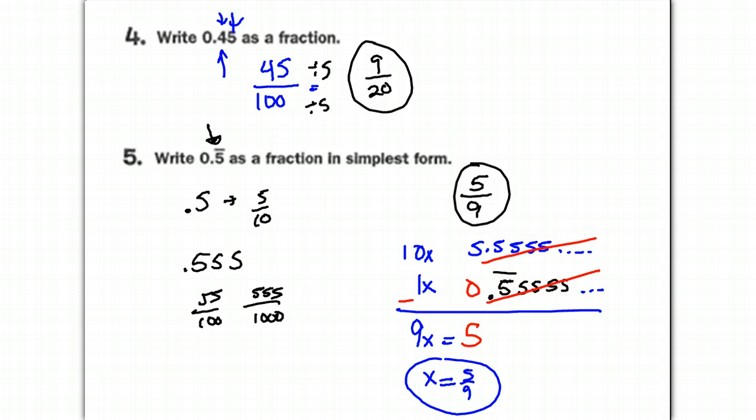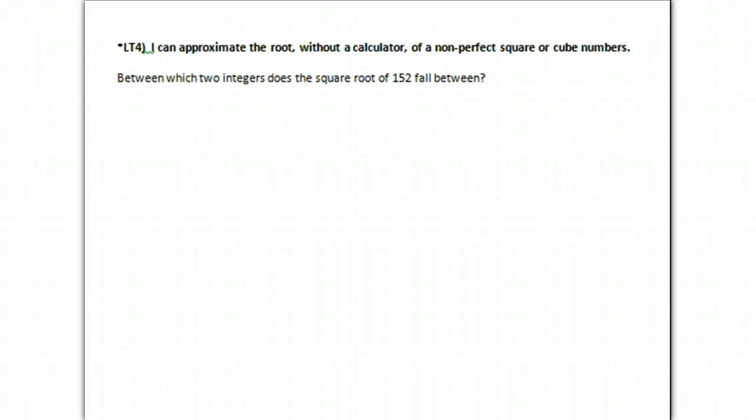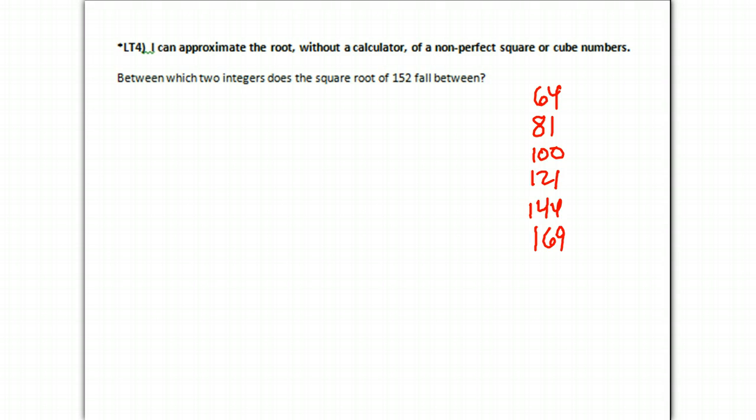Okay. Next part here we'll look at approximating roots, and we'll do a lot more of this tomorrow. If you think about the square roots of perfect squares, you list them all out. We have 64, and I'm just starting closer to 152 here. 64, 81, 100, 121, 144, and 13 squared is 169. But this is 12 squared and 13 squared. So we know that 152 would be somewhere in between those.